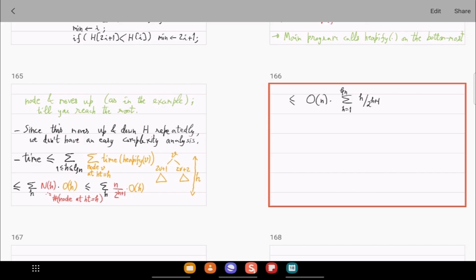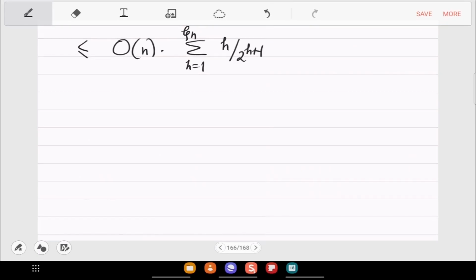What is that sum? That sum is almost like the sum of 1 plus half plus 1/4 and so on. It's constant. Even if you put an h there, the halving is getting so big that overall the sum is an absolute constant.